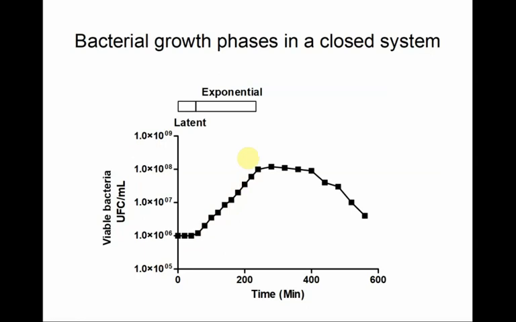So this will lead to the stationary phase where bacteria stop growing. So the conditions for growth are not so good anymore. The medium is too acidic, they've run out of nutrients, something like that.